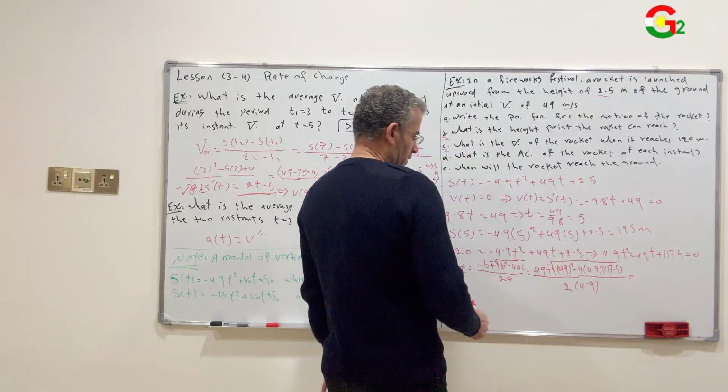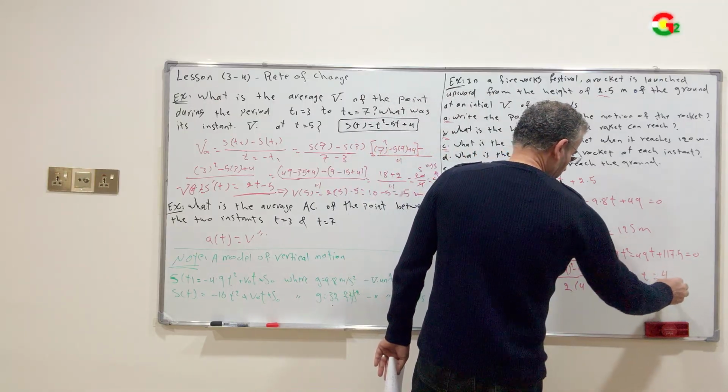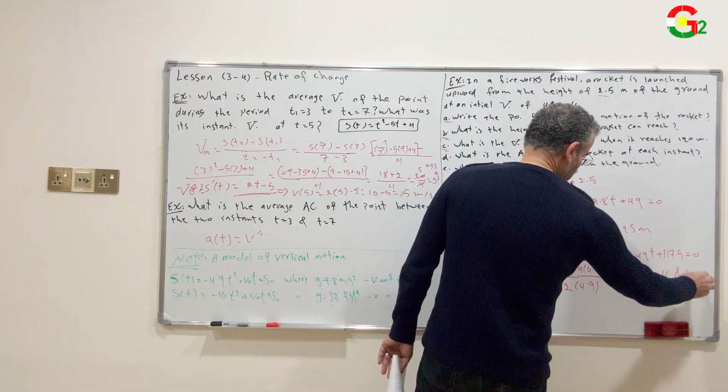Solve this algebraic operation to find t equals 4 and t equals 6.